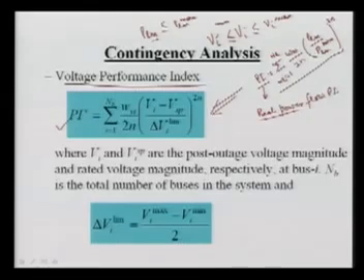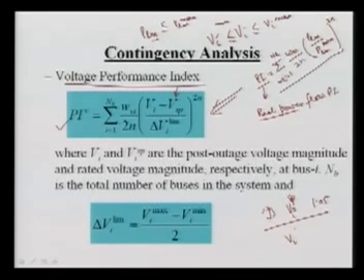Now the V specified, what should be the specified voltage of any bus? Suppose the bus voltage upper limit is 1.05 and the lower limit is 0.95. We want our specified voltage V_i specified to be the sum of these two divided by 2, means it is the average of these two.